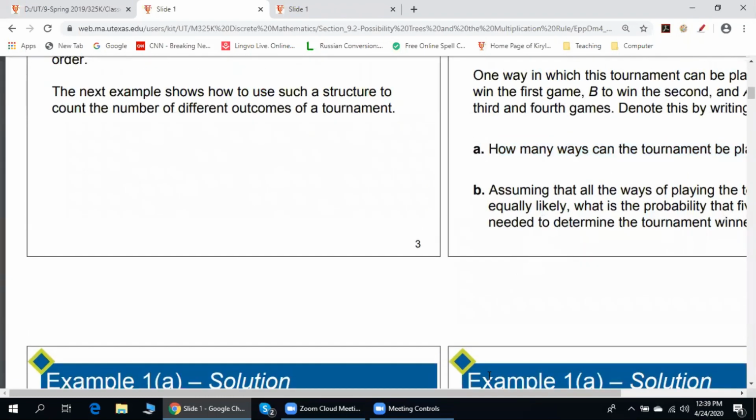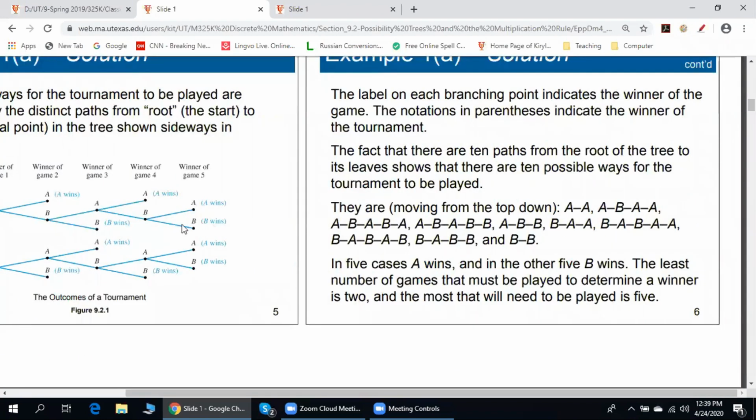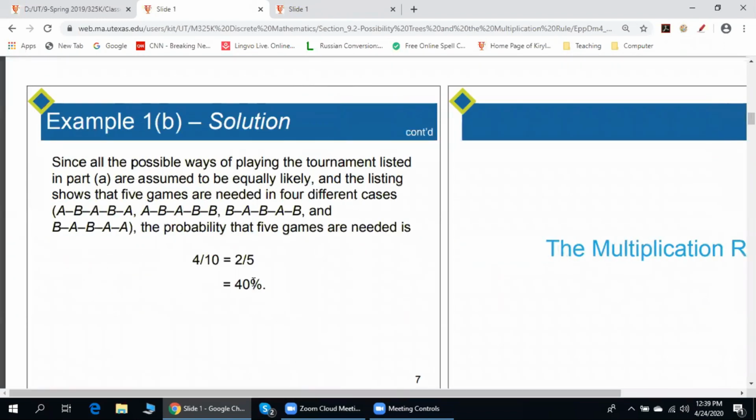Lastly, assuming that all the ways of playing the tournament are equally likely, what is the probability that 5 games are needed to determine the tournament winner? So here 5 games means this. We have 4 divided by 10. It's exactly what is written here, or 2 over 5, 40%.